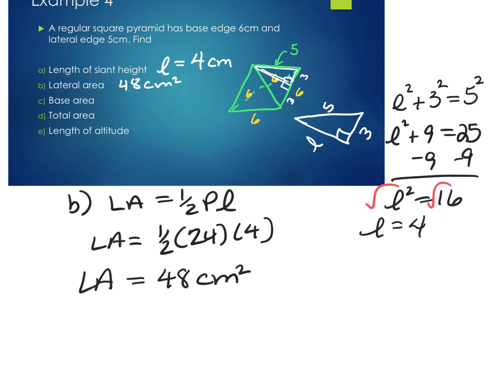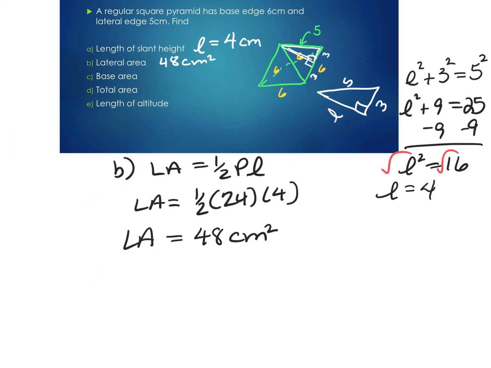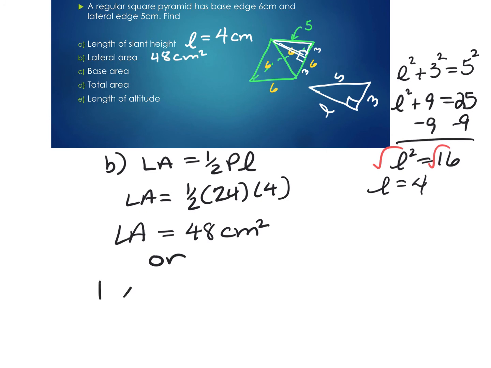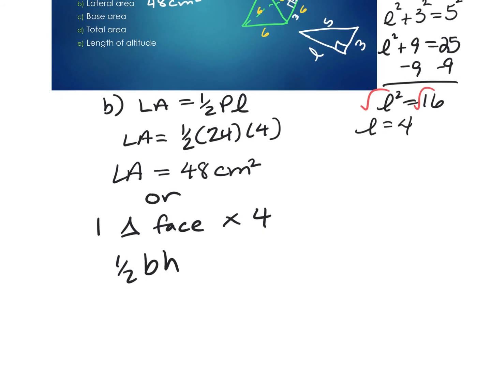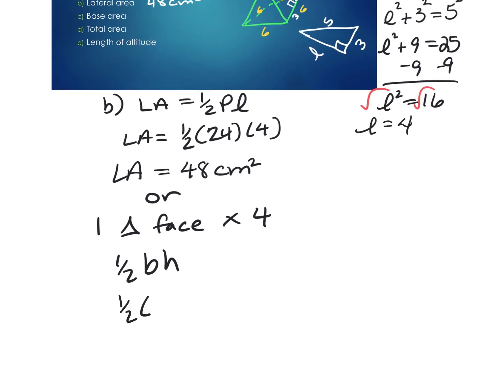So that's one method. The other method to find the lateral area, I'm going to find one triangle face, and then I'm going to times it by 4. So if I just did the 1/2 base times height for one of the faces, the base was 6.